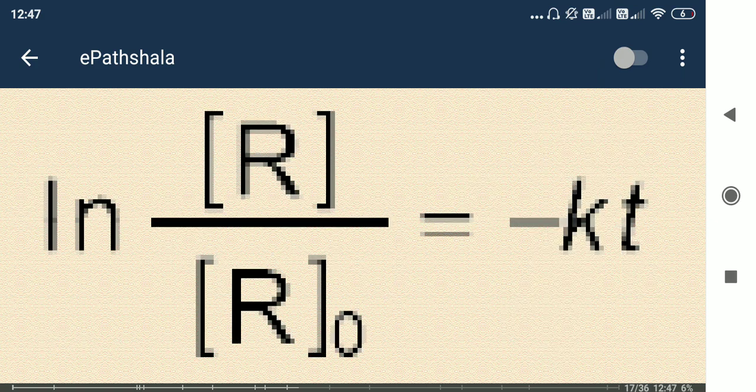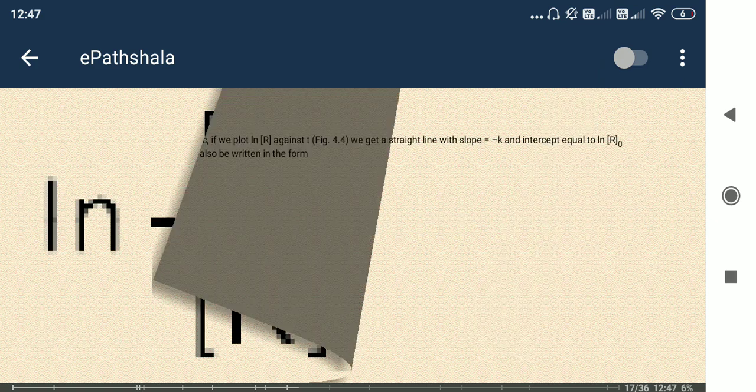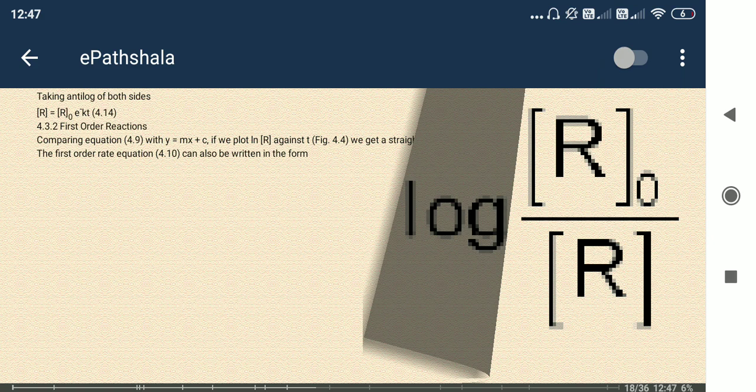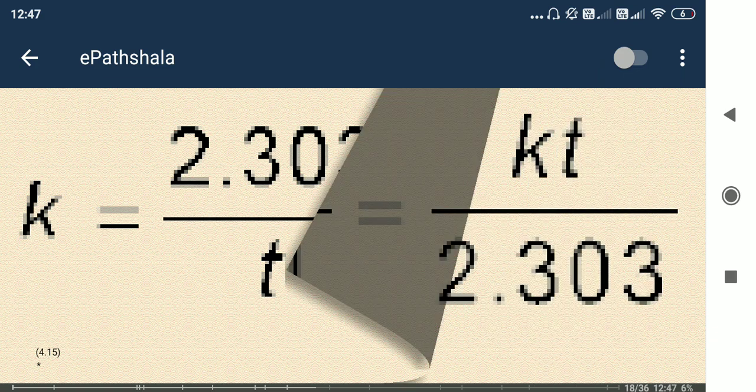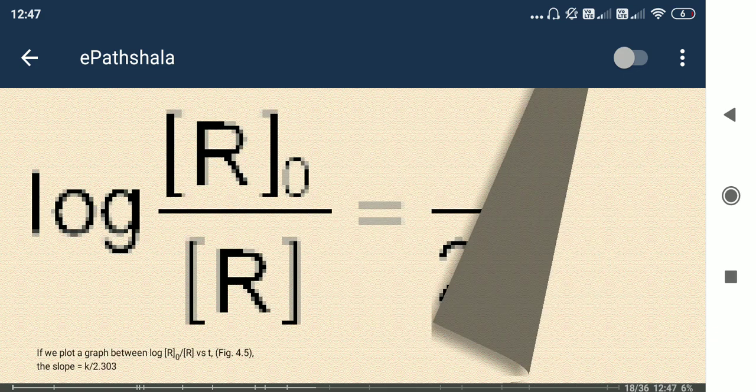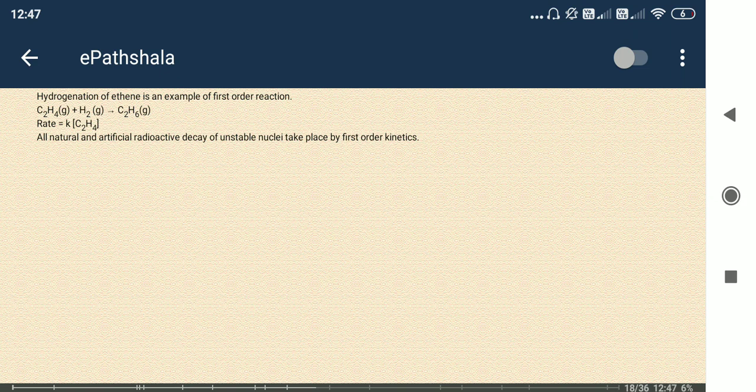These are simple. Next, k is equals to 2.303 by t log r naught by r. Half life means how much time is needed for the reactant concentration to become half.